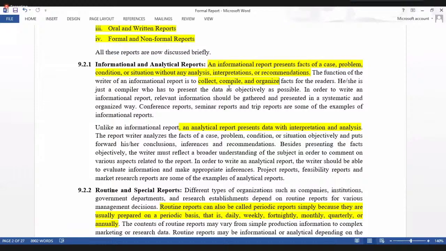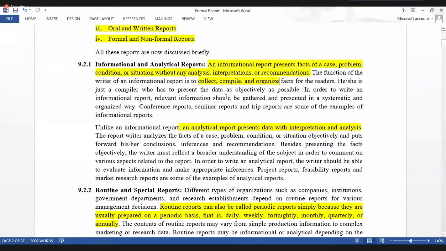So this is what the writer does in an informational report. She is just a compiler who has to present the data as objectively as possible. So the writer is just a compiler. The writer can just present the data as they are. No analysis, as objectively in an informational report.